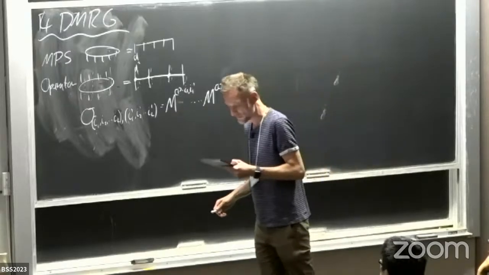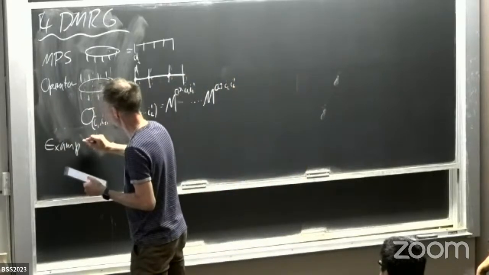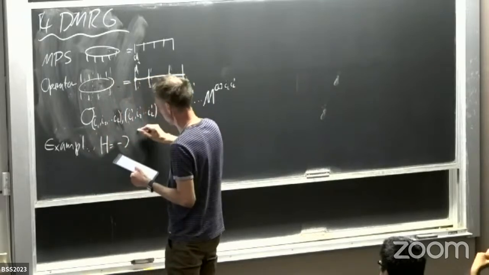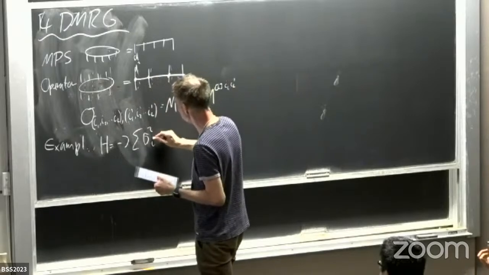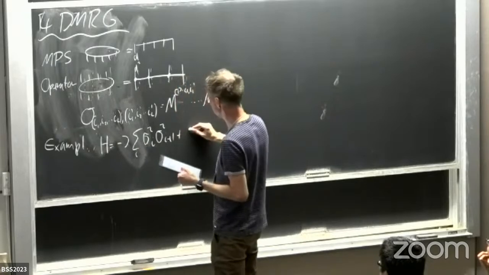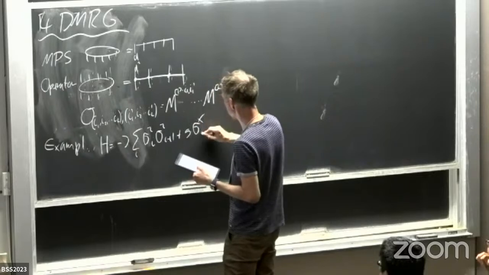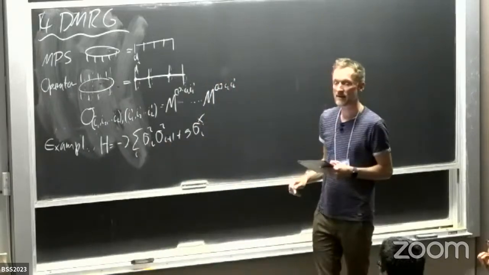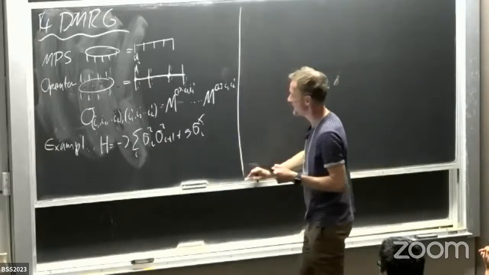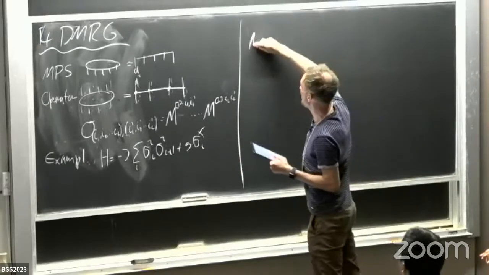Just to give you one example, we could now take the transverse field Ising model. So if we have H, which is minus J times the sum over sigma Z i sigma Z i plus 1, plus G times sigma X i, right? So this is the Ising model. And now I'm claiming that this operator can be represented by a very simple MPO.